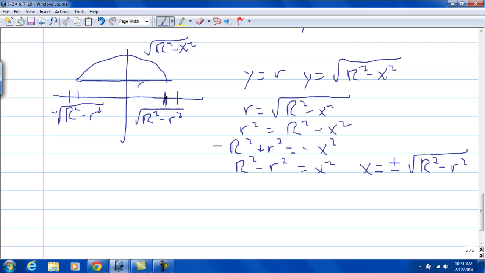So we really have pretty much everything we're going to need to set this thing up. It might be useful then also to look at our approximating rectangle. On the high side we have the square root of capital R squared minus x squared. On the low side we have r.